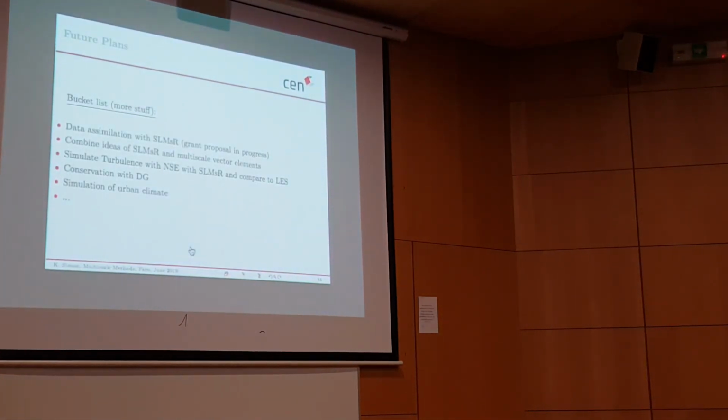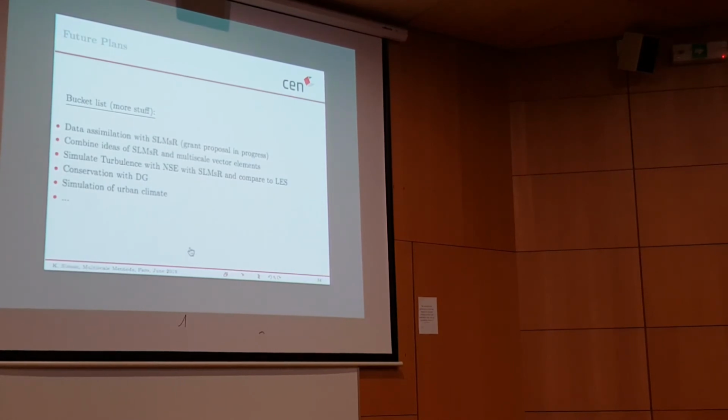Just a few remarks, problems on the bucket list. The semi-Lagrangian multiscale method is designed in such a way that it has the natural capability of assimilating data, but not into the solution, into the basis. So that's something we're chasing right now. I would like to combine these ideas with multiscale vector elements.